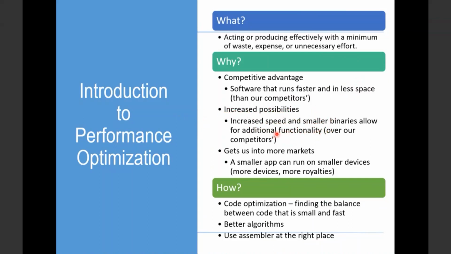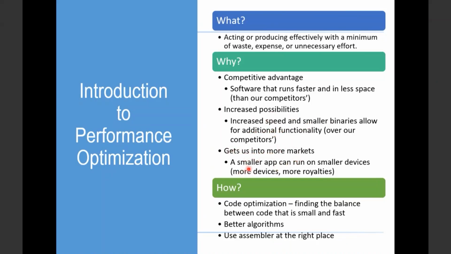There are a lot of competitors out there, so in order to make sure that your system is above your competitors, you need to make sure that your system can allow additional functionality. Your system has more functions compared to your competitors. And last but not least, it gets us into more markets.